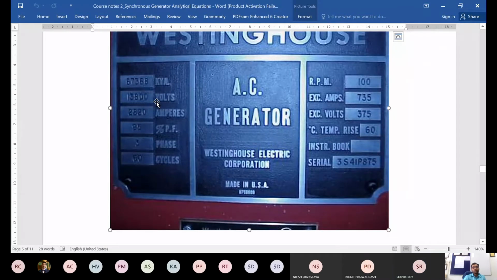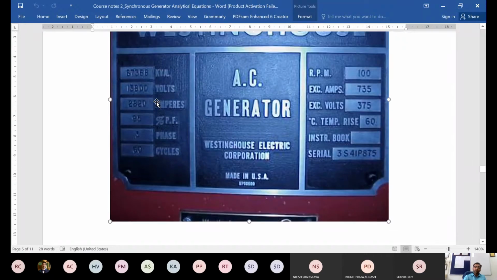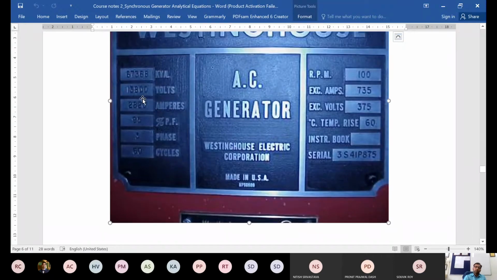These three are the high voltage transmission voltages for bulk power transfer over long distances. But as you can see, this is only 13.8 kV. So ideally, we would have desired this to be much higher, because as we just said, the transmission voltage is much higher, 220 kV and above. But still, this is only 13.8 kV.